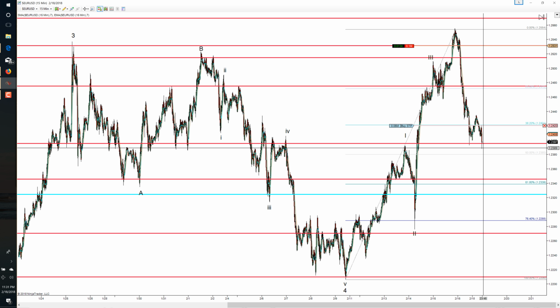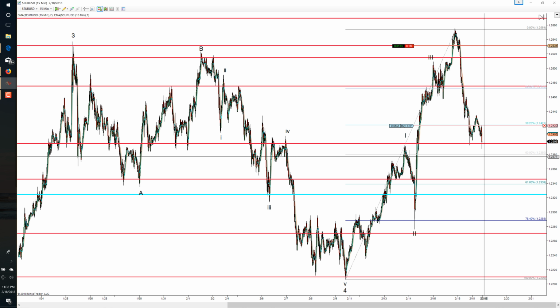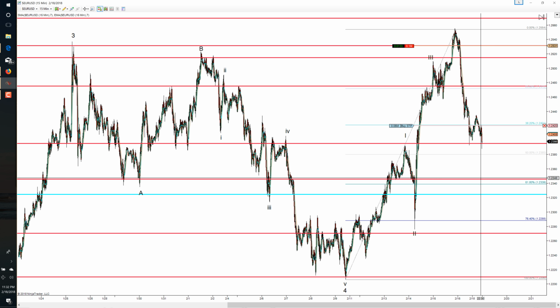And now you're going to have price most likely come near the 0.618 level of around 2340, which has the ability to find support at around 2345. That's if this whole thing up is wave 1.